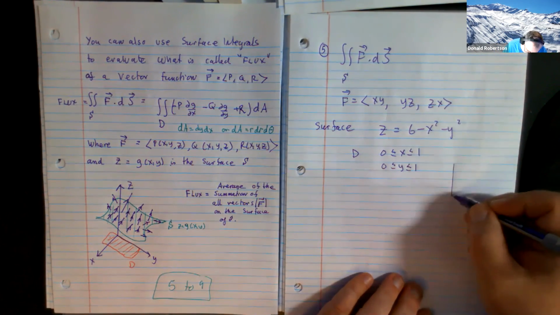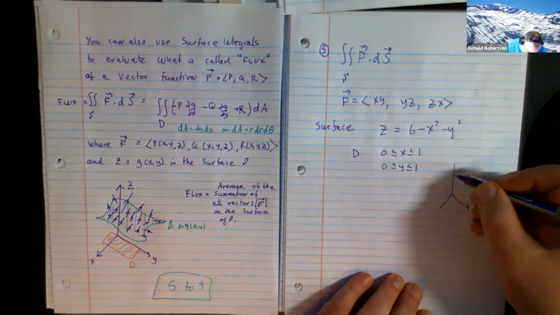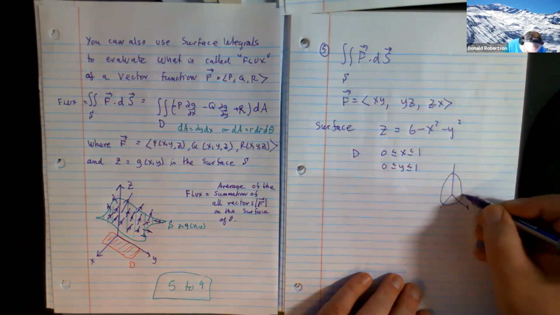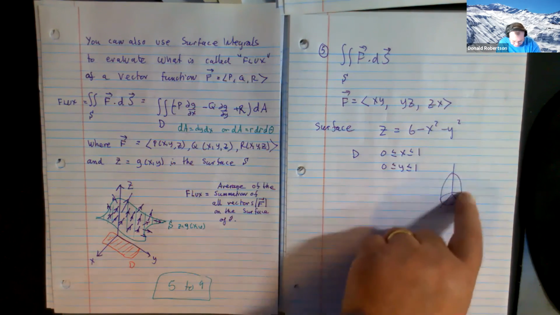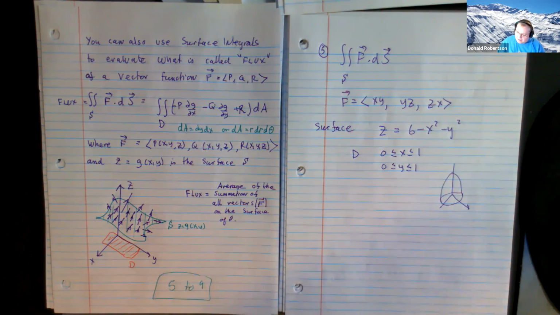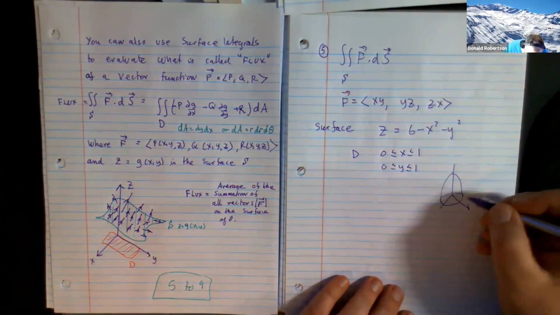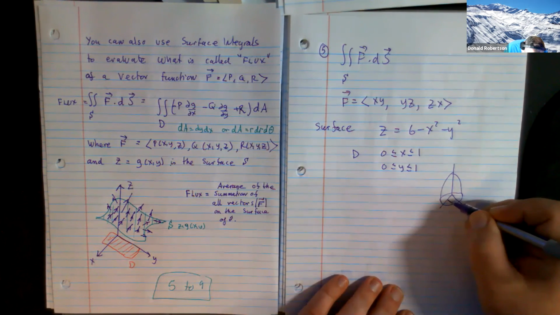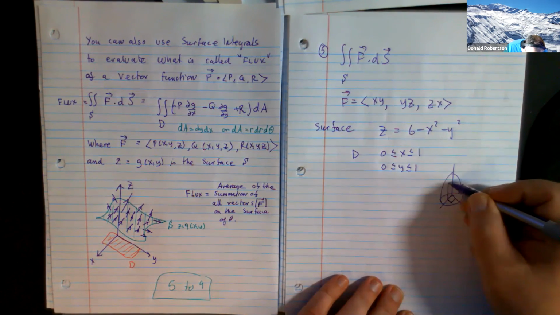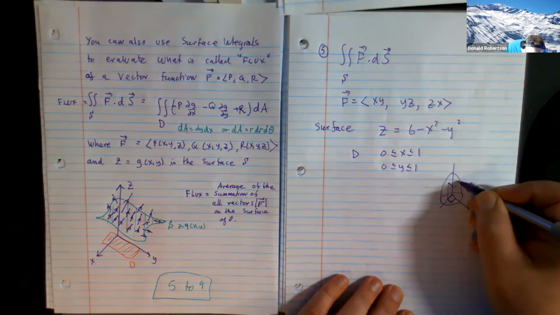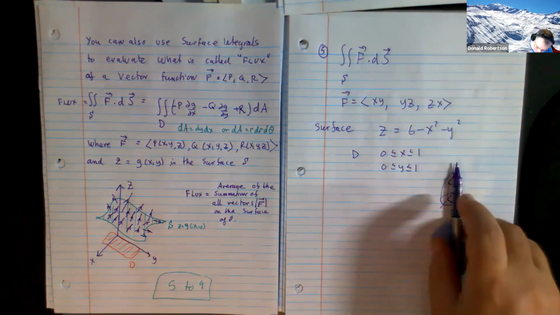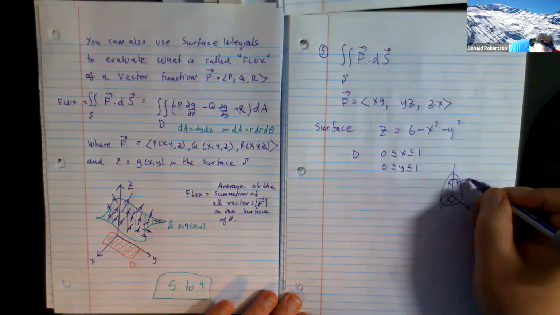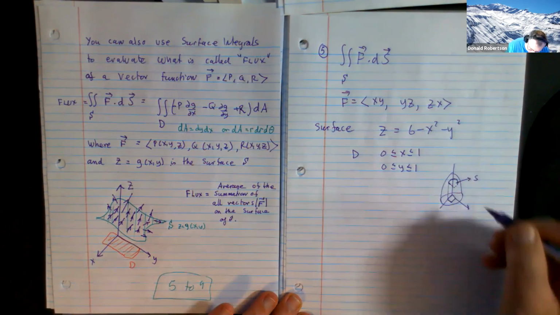So can you imagine that is what the surface looks like? It's like a hat. Can you imagine they took a little rectangle here, projected it up, and you'd have a kind of little curved bit on the hat. That's what S looks like.